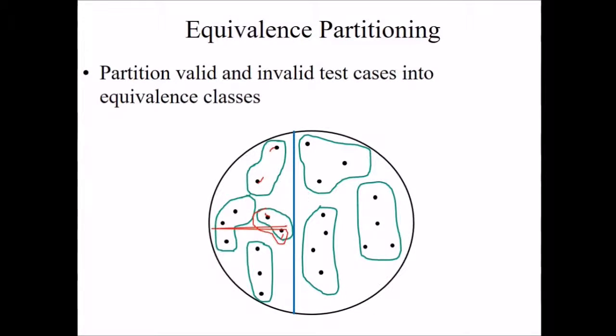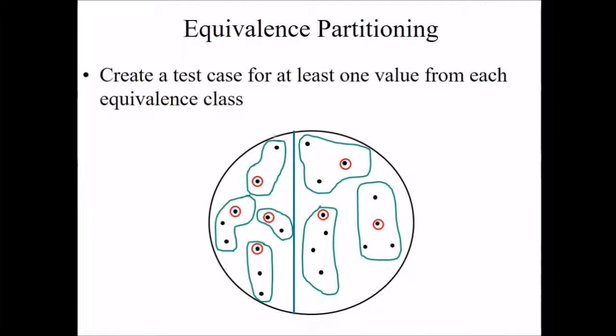That is why they are marked in the same region. Now just create a test case for at least one value from each equivalence class. Consider if this region has hundreds of tests and you take out one, so the number of test cases will be reduced to a considerable extent.